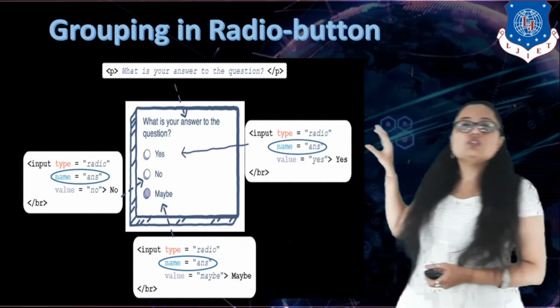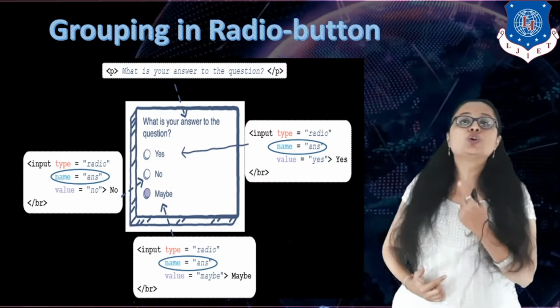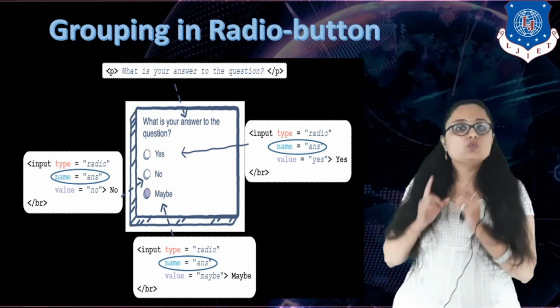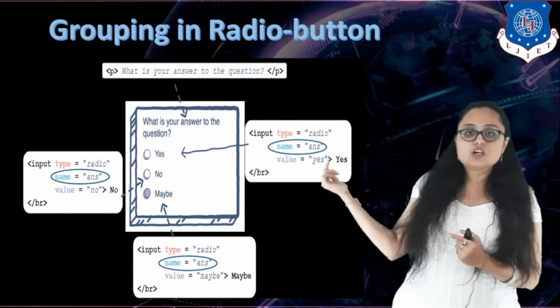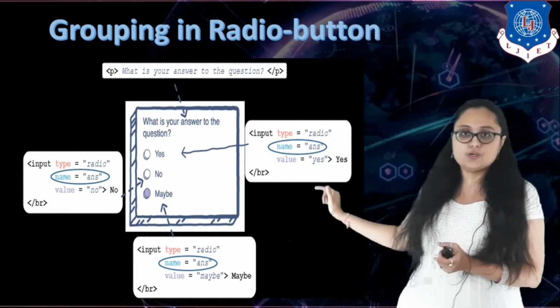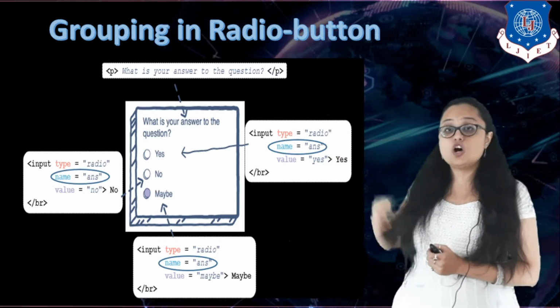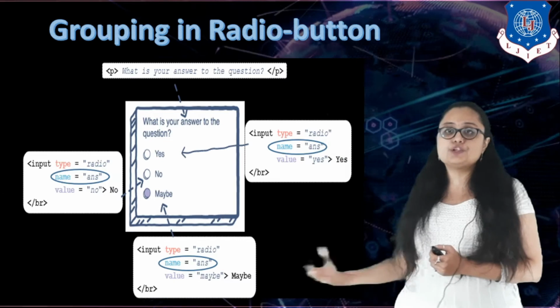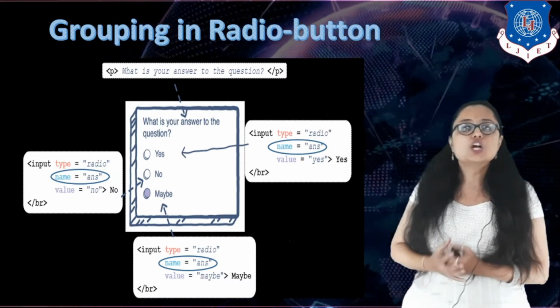Okay, so in short, if you want to group radio buttons in one group such that the user may select only one radio button, the key is that your name attribute's value for that particular group's radio buttons should be the same.